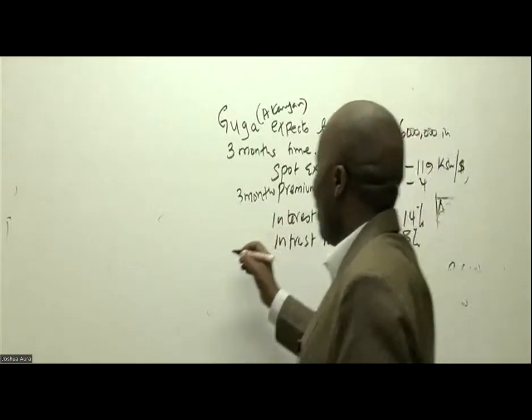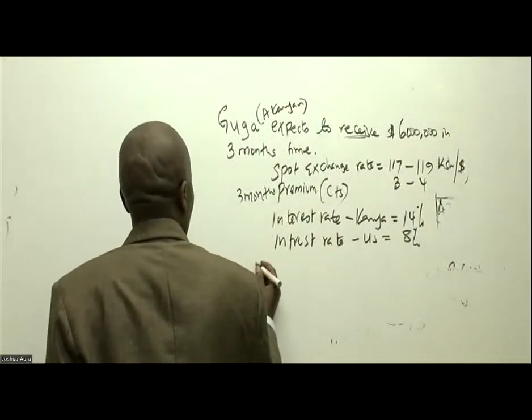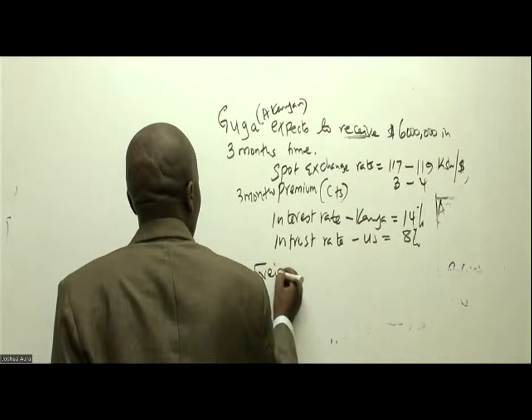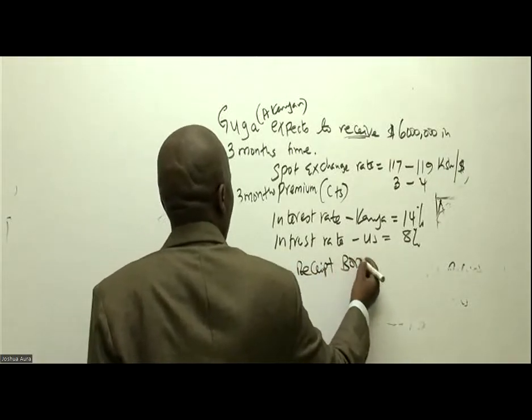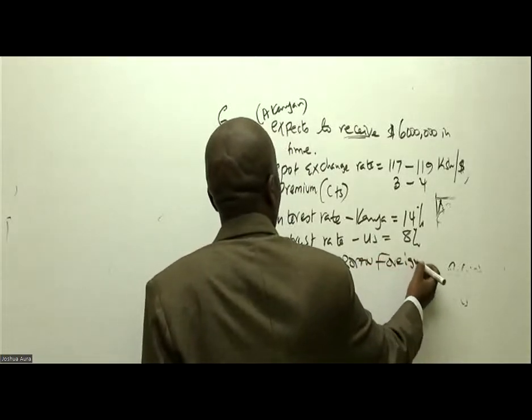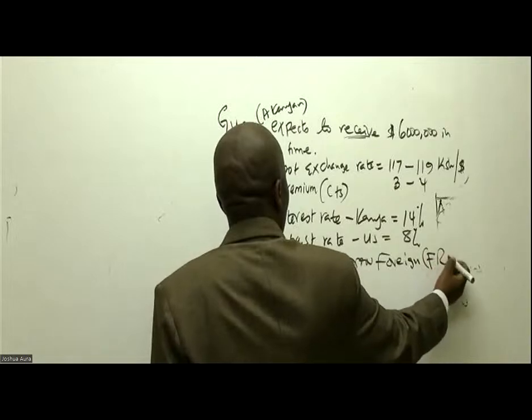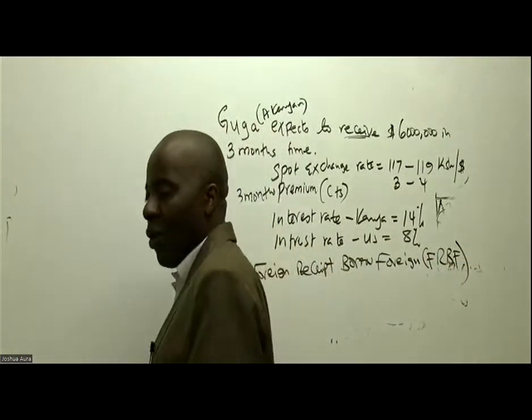So the rule to be used is foreign receipt, borrow foreign. Basically, this is what we are calling the foreign boyfriend.